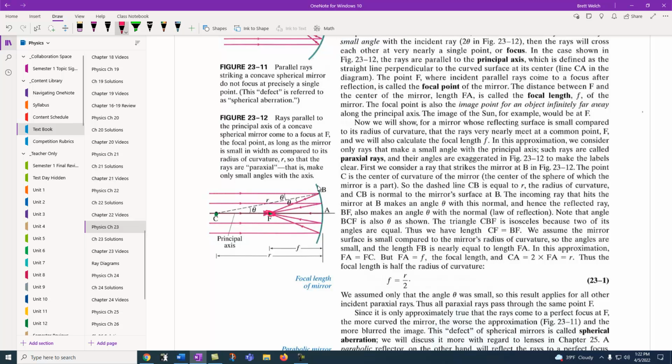If you thought of this mirror as part of a big sphere, and the center of the sphere was right here, the focal length would be half the radius of curvature. So we have our first formula: for a curved mirror, the focal length, or the point where everything would focus in, is equal to half of the radius of its curvature.